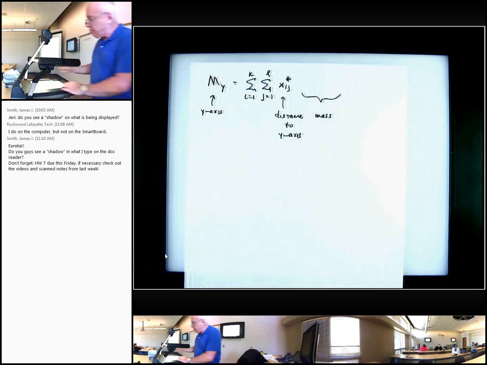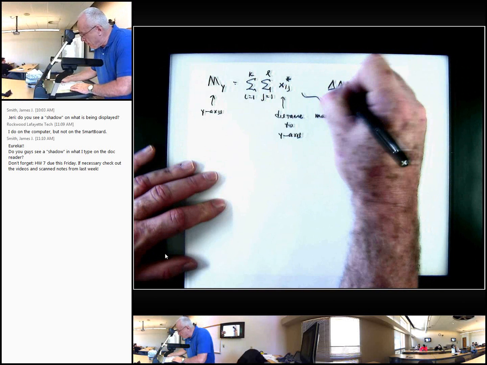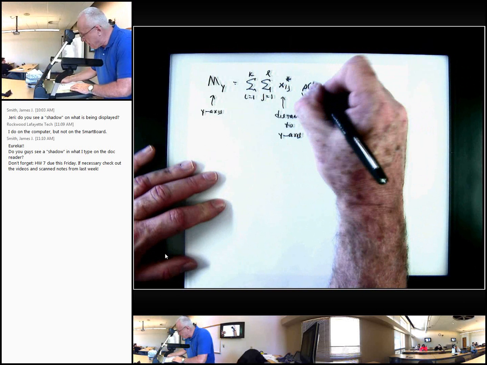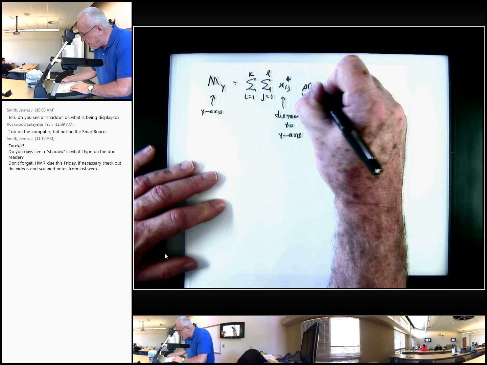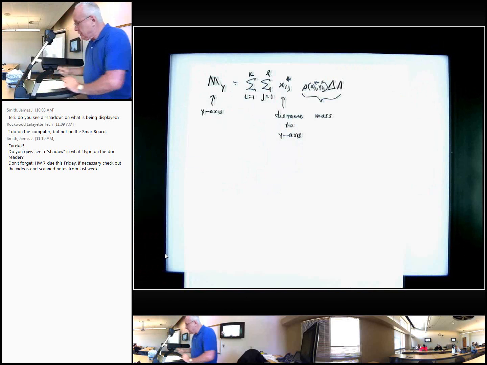The mass can be represented as the area times the density. So the density at x sub ij star, y sub ij star, times the area.